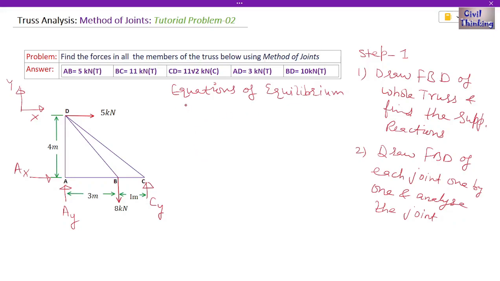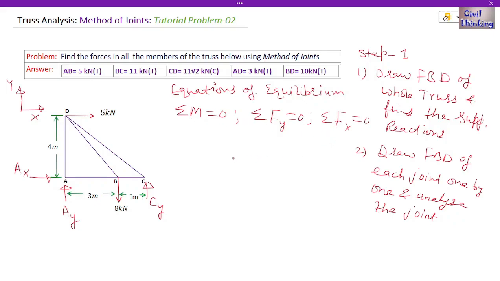But right now I will tell you we have three equations of equilibrium: summation of moment at any point is 0, summation of force in the y direction is 0, and summation of force in the x direction is 0. Because this is a 2D truss, we have three equations of equilibrium.